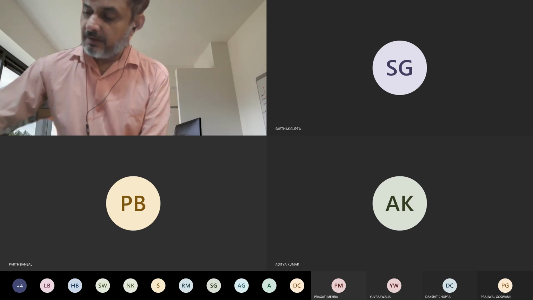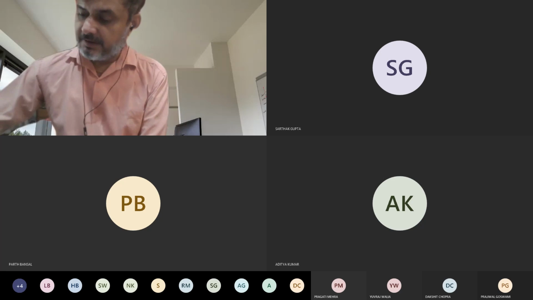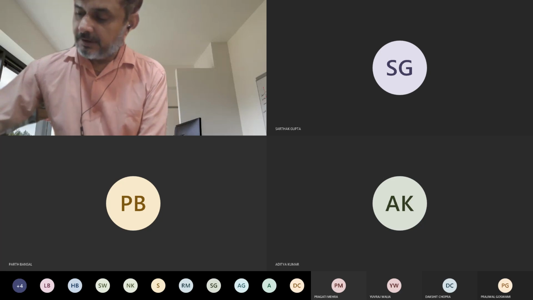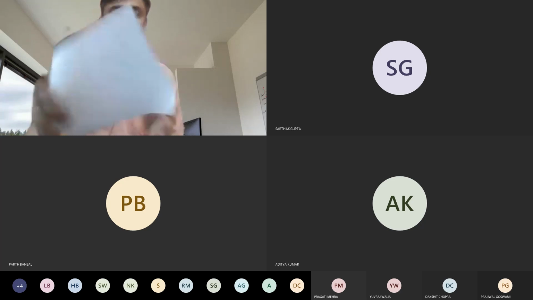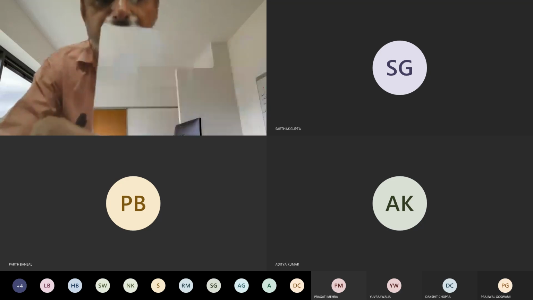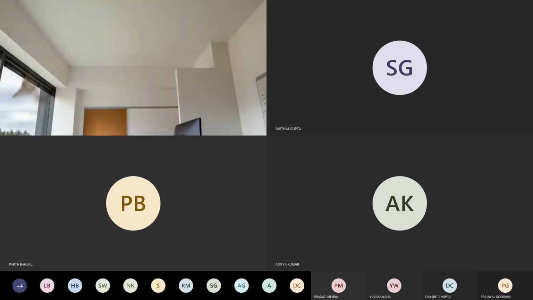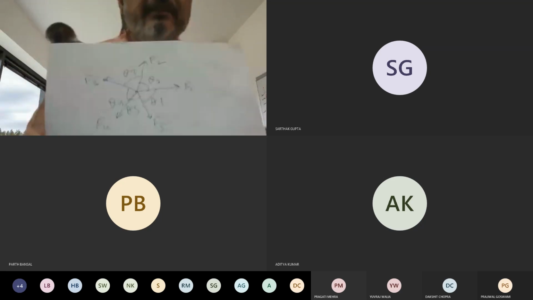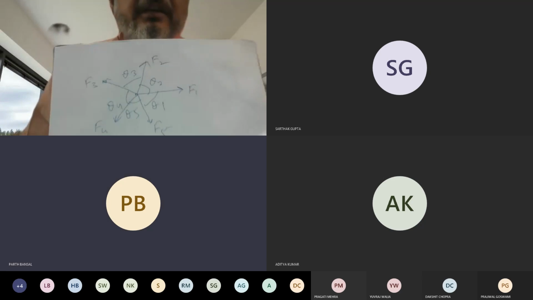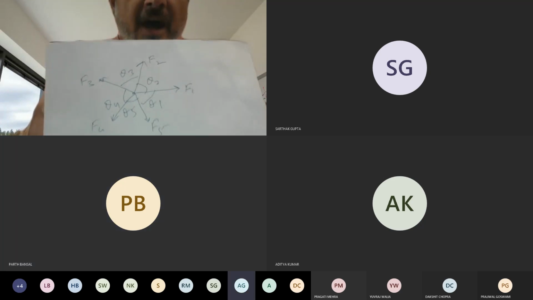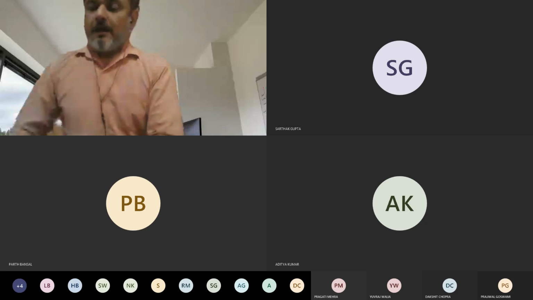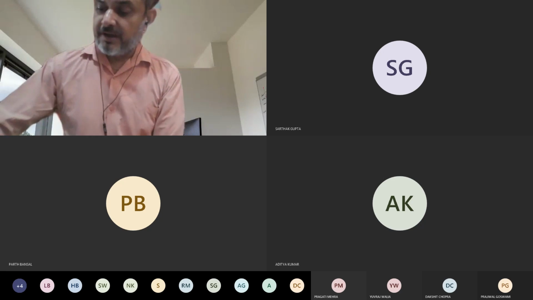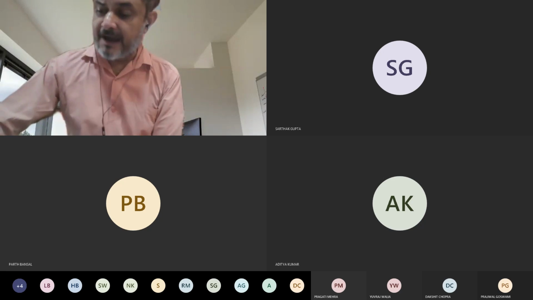Angle between F5 and F1 is theta 1. So these are the angles. Can you see it? Yes, sir.